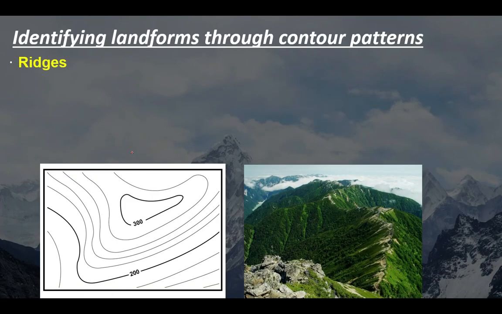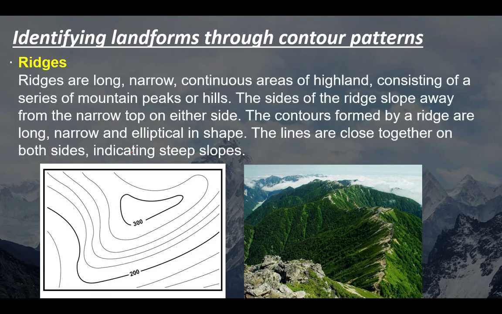So next is ridges. Ridges are long, narrow, continuous areas of highland. From here to here it is going. The sides of the ridge slope away from the narrow top on either side.